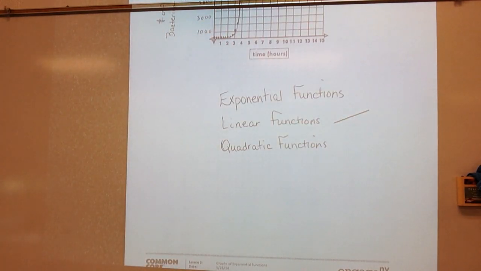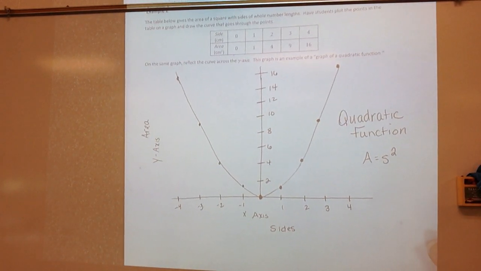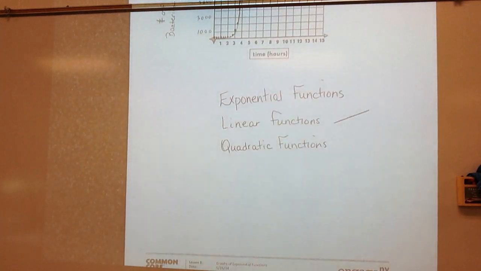Okay? Going back to what we learned about quadratic functions. If you remember, let me pull this back out really quickly. A quadratic function is a mirror, all right? It's that mirrored look. So we have a quadratic function.